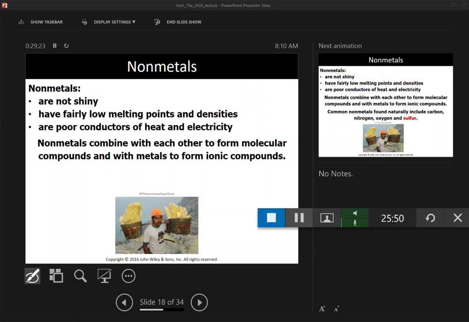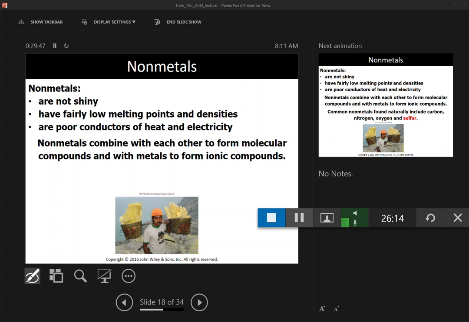Once we get to the structure of the atom, we talk about valence electrons and how valence electrons are mobile. So we're going to learn that the reason metals are shiny is because the valence electrons transfer and move across the structure of the metal, whereas for nonmetals, that doesn't happen.